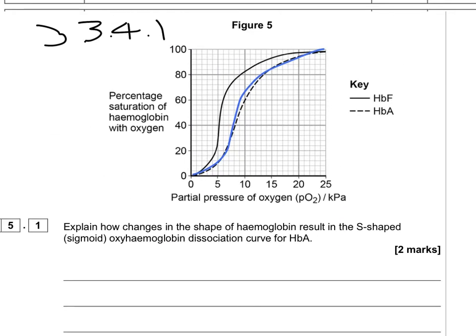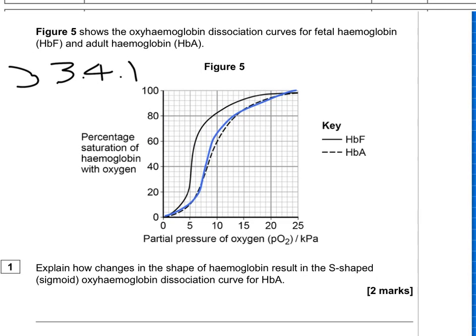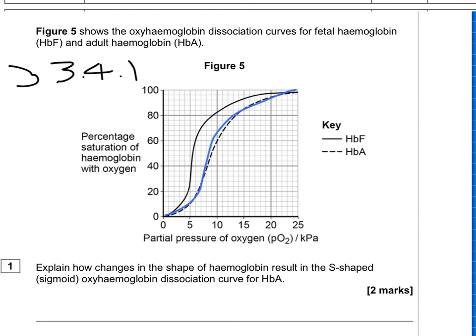You can see first of all HbA has a lower affinity for oxygen at low partial pressures, and therefore there's easier unloading of oxygen for respiration.